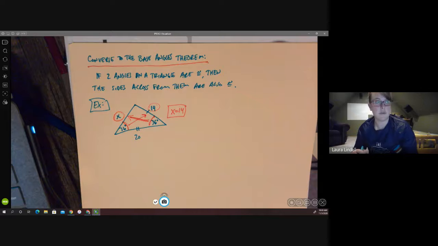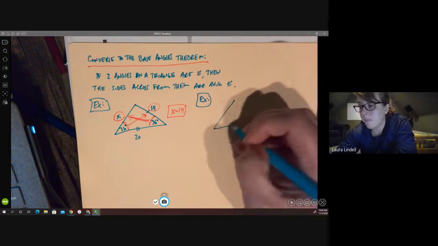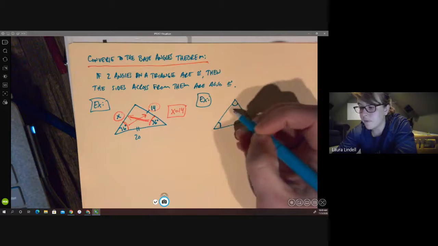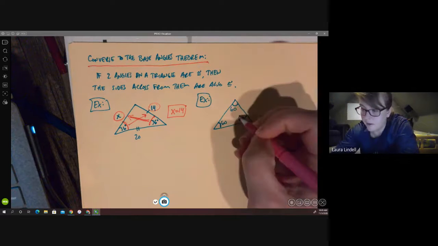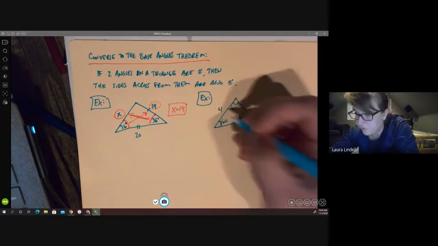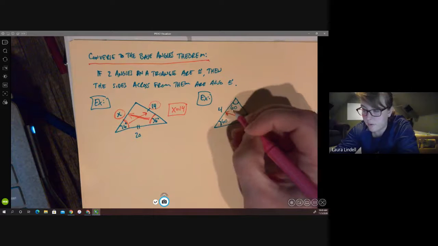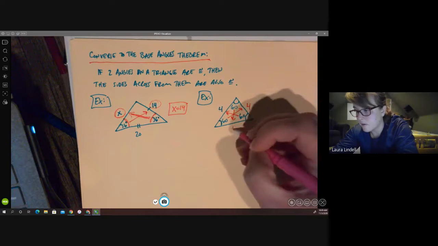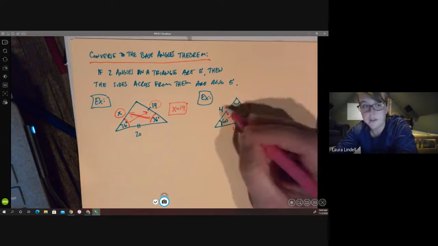So then the equiangular extension of this is if I know all my angles are the same, so let's say they're all 60, then if I know what one of the sides is, like let's say that one of the sides is 4, I know all my other sides because I know that that one is going to be the same as all of the others. Because all the angles are the same, all the sides will also be the same.